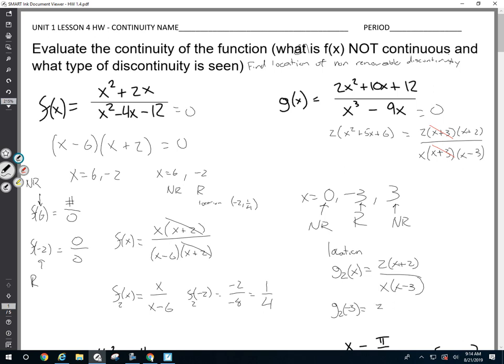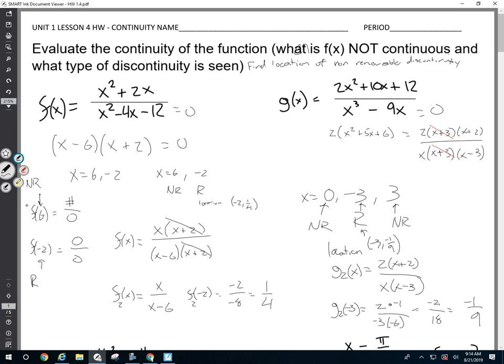I would get 2 times negative 3 plus 2 is negative 1. And then negative 3 times negative 3 minus 3 is negative 6. I get positive 18. So I get negative 2 over 18, which simplifies to negative 1 over 9. So the removable discontinuity has a location of negative 3 comma negative 1/9.